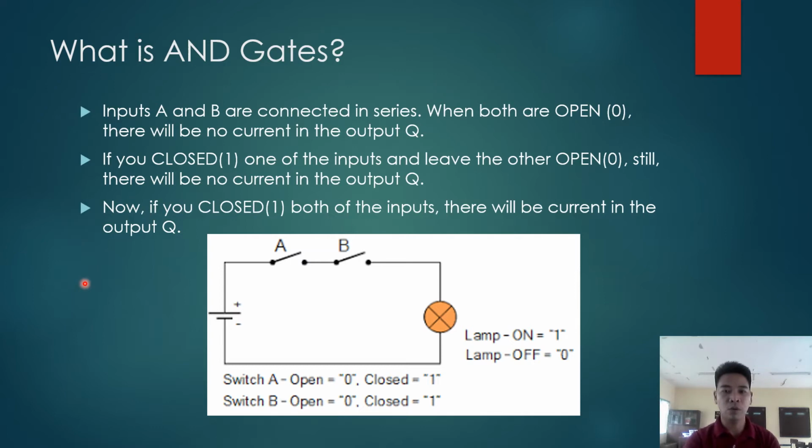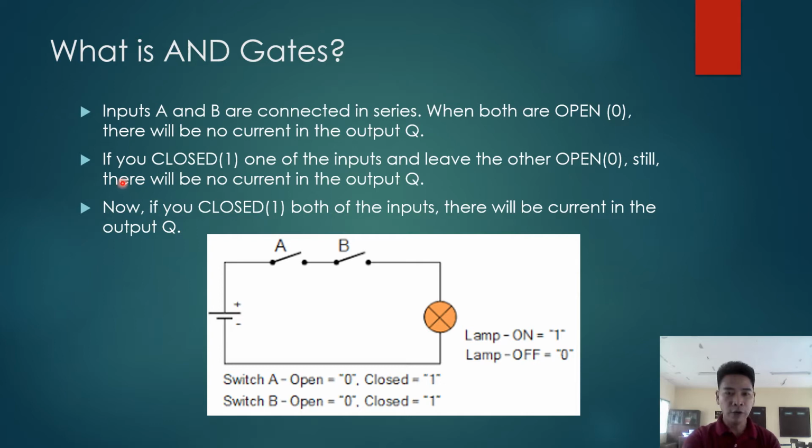When both are open, there will be no current in the output Q. It means that when inputs A and B are in open circuit, meaning the switch is not on or not pressed, there will be no current in the output. Our output is the lamp.